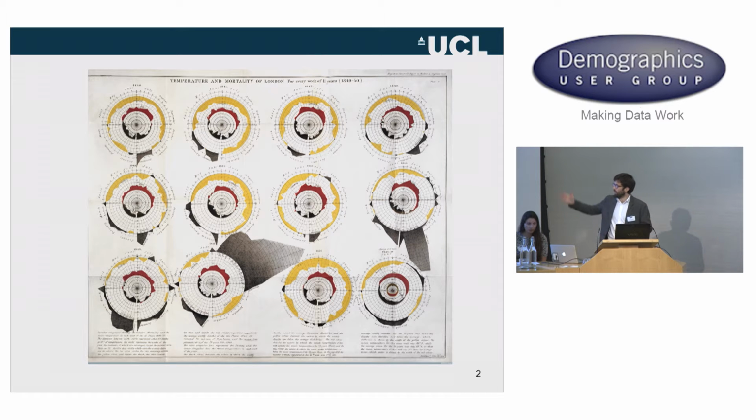So these were produced by William Farr, who was actually one of the pioneers of statistical data collection. And one of his big areas of study was the cholera outbreaks that were occurring during the mid-18th century. And he's been slightly overlooked by someone else, who I'm going to come on to in a second.